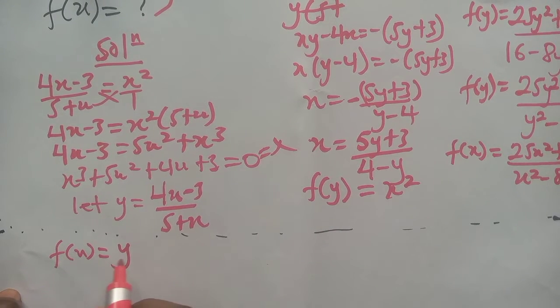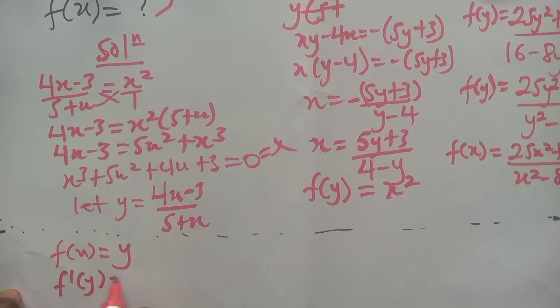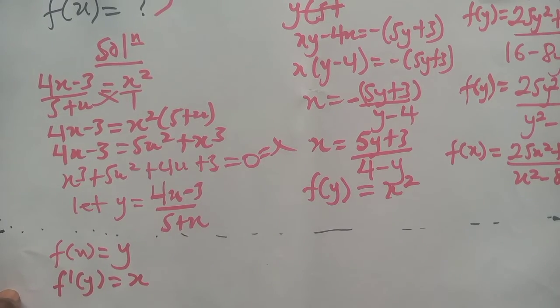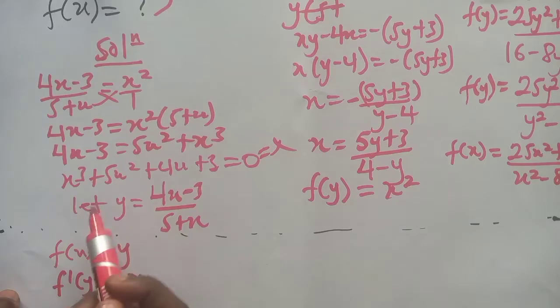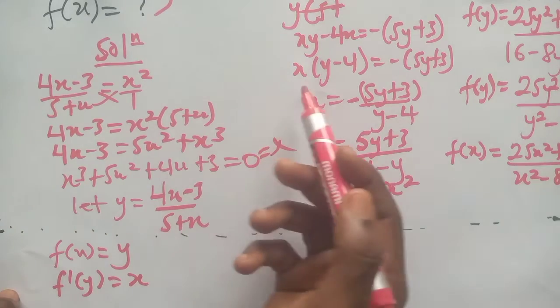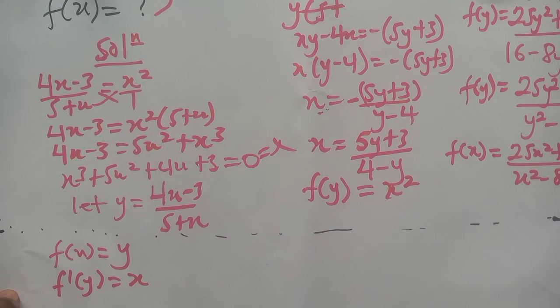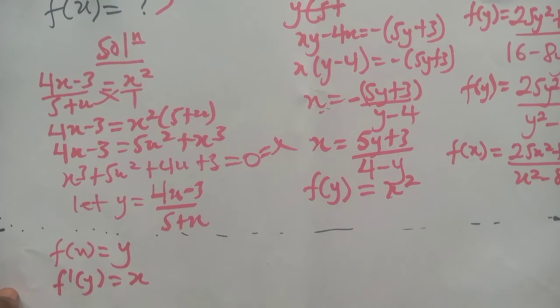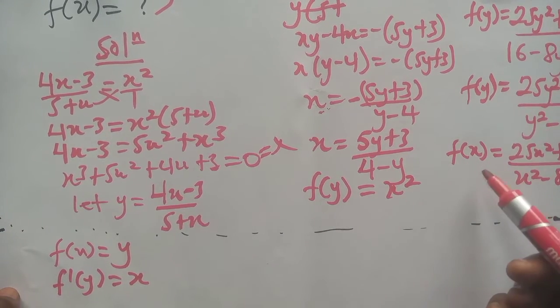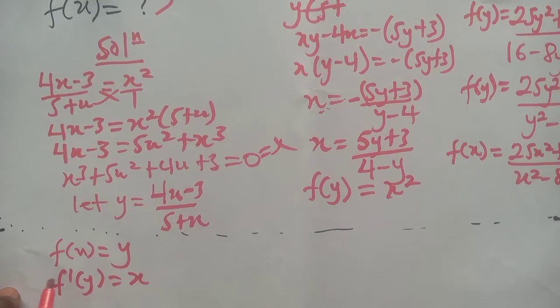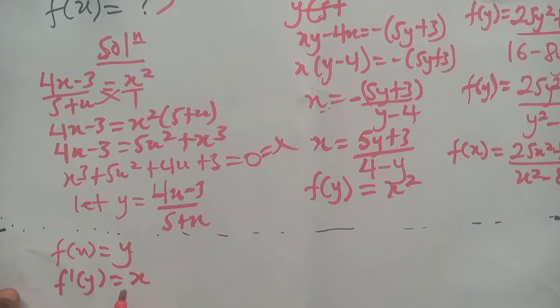Now if f of s equals y, then the inverse of y here is basically equal to x in this case, because as we solved and equated y equals to that, and solved everything to find what s is, we are finding the inverse of a function, right? And then from here we replace the f of y by f of s. Now this implies that f of s equals y, and the inverse of y here equals s in this case.